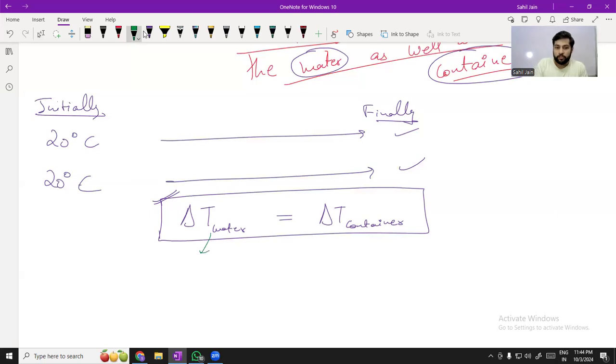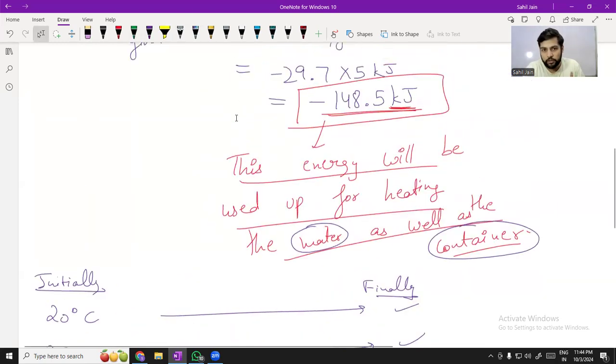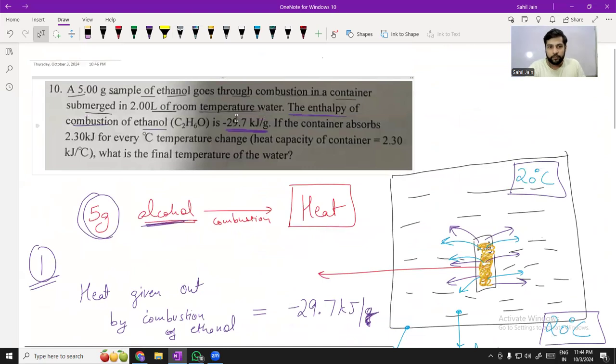For delta T water, we have the formula Q equals m c delta T. That is, the heat absorbed by water would be equal to the mass of water times c times delta T. Now, do we know the mass of water in this question? If you read the question again, it says 2 liters of water.